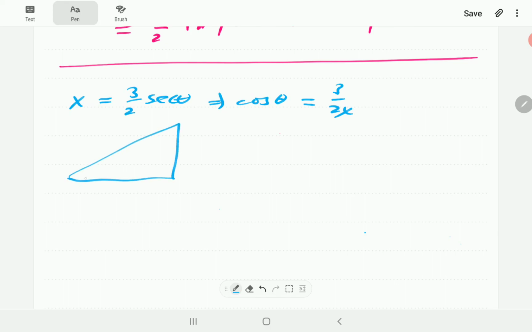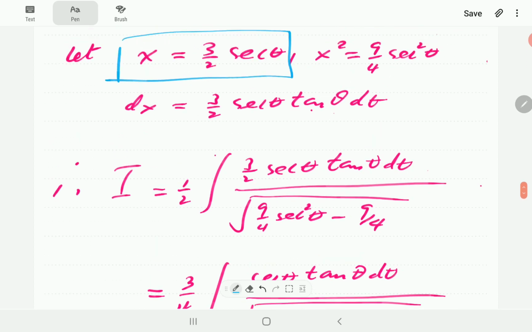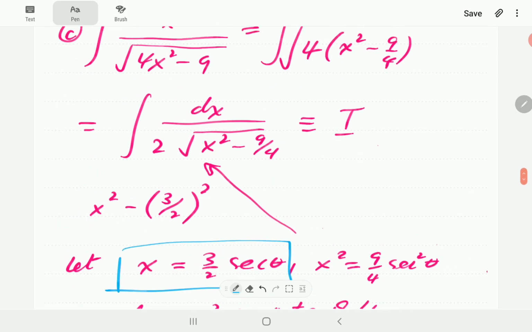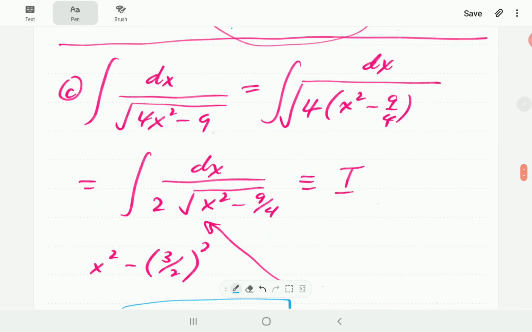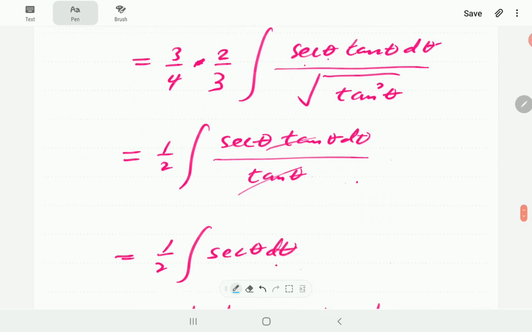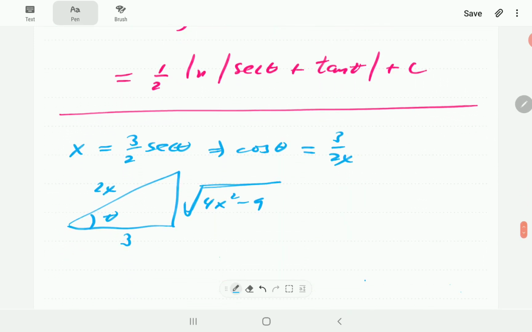Then if we have our right angled triangle here, cosine is adjacent over hypotenuse, so that means the opposite is going to be the square root of 4x squared minus 9. Do we have a quadratic expression like this in our original integral? 4x squared minus 9, the answer is yes. So things are looking okay.